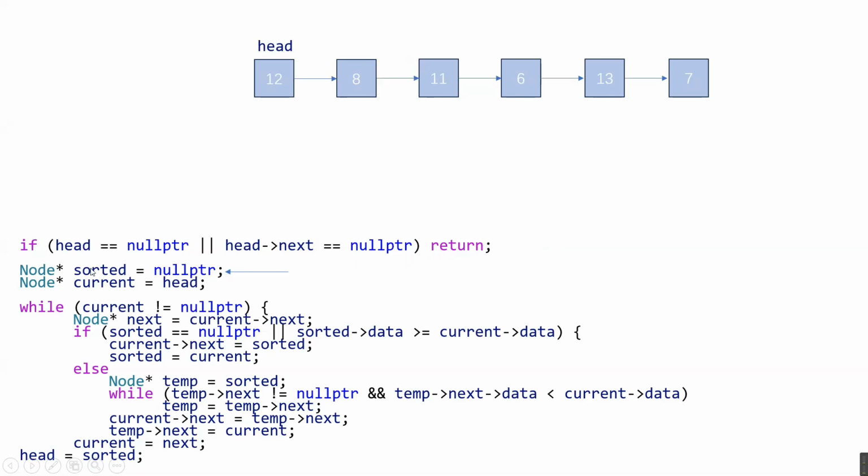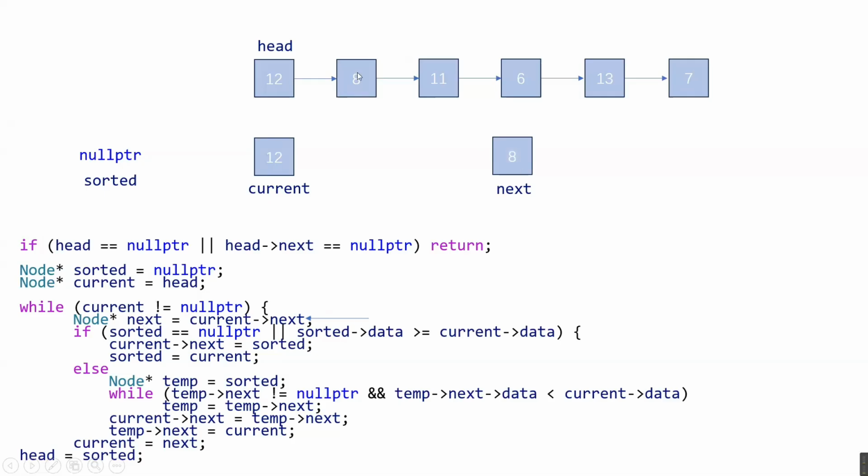Okay. So first we create a sorted node, which is equal to a null pointer. And then we create a current equal to head, which is also a copy. And if the current is not a null pointer, because we will traverse the whole sequence, we will continue the while loop, right? We will also create a next, which is equal to current next.